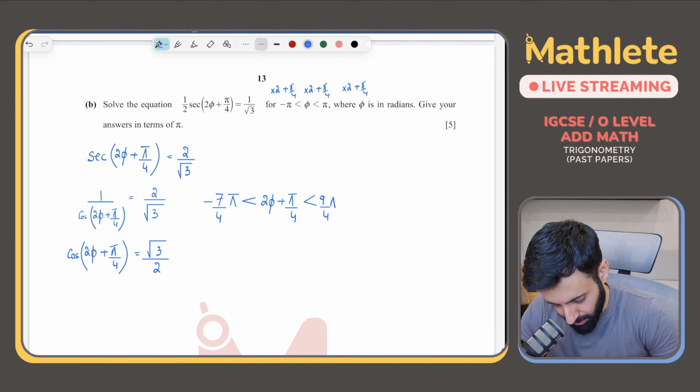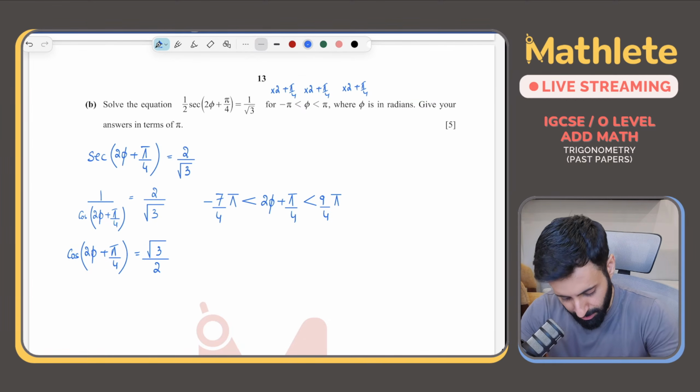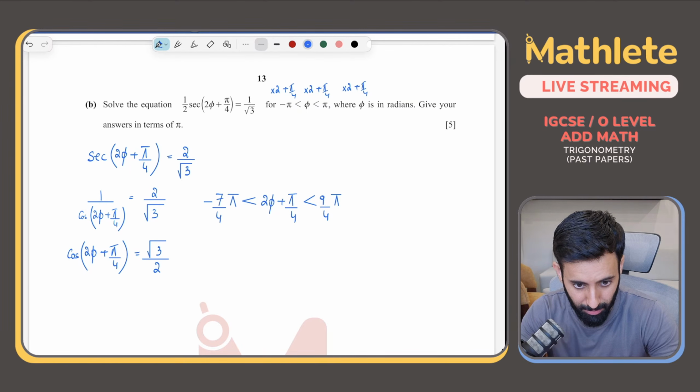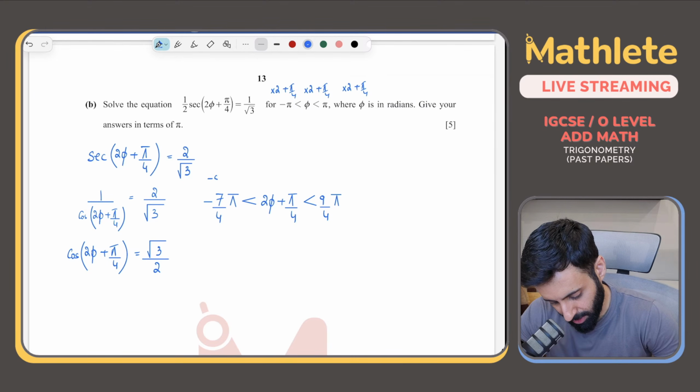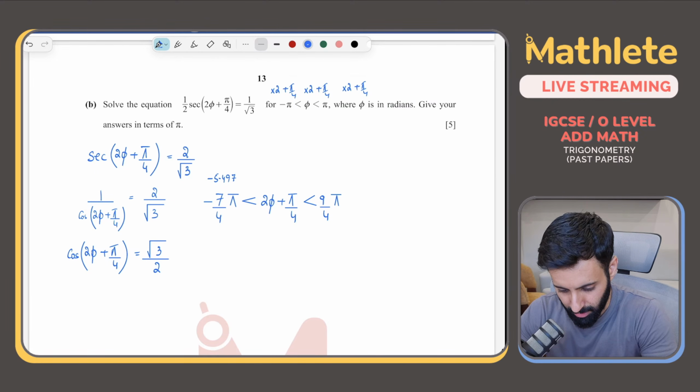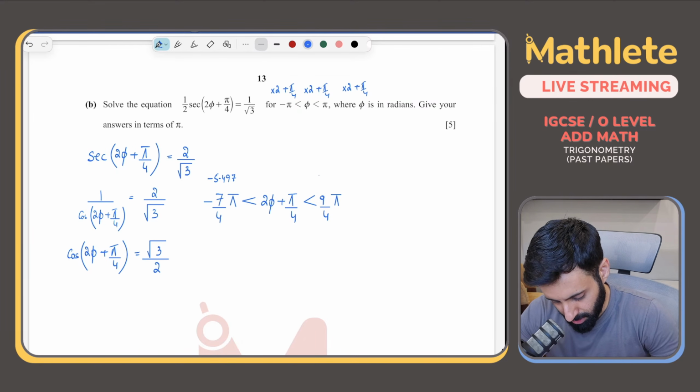One thing I should have done is look at the decimal value of both. Minus 7 upon 4 pi is equal to minus 5.497, and 9 upon 4 pi is equal to 7.068.